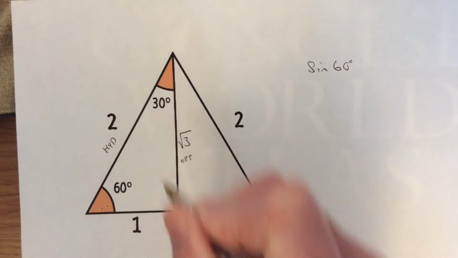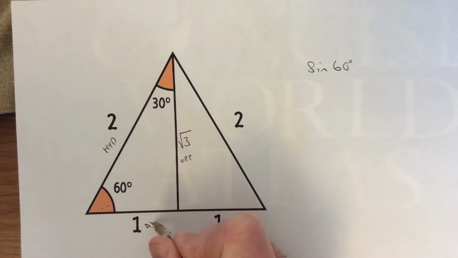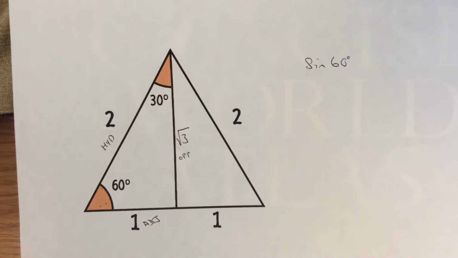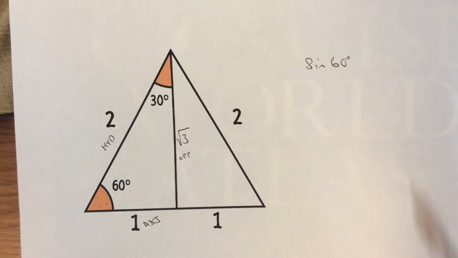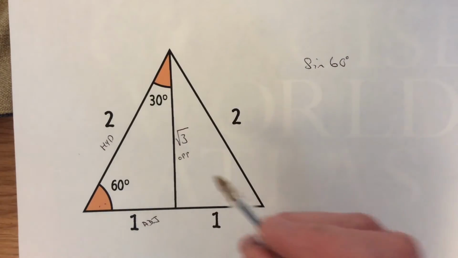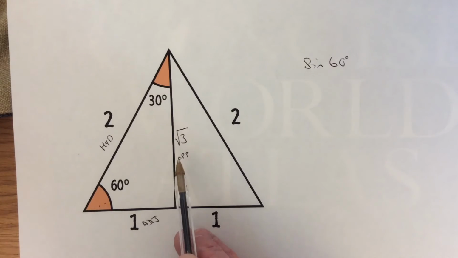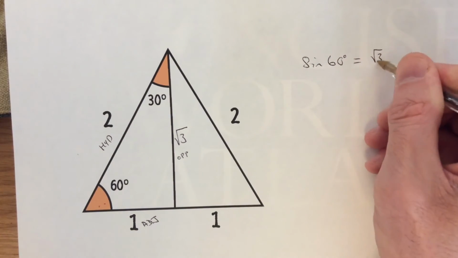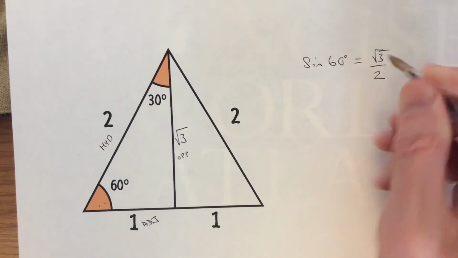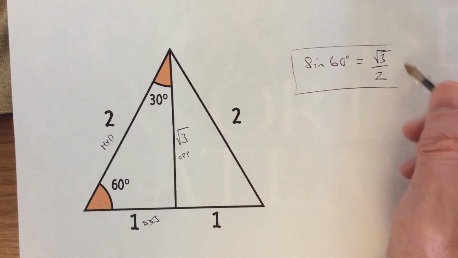That's your hypotenuse, and that's your adjacent. So what do we got? SOHCAHTOA, sine is opposite over hypotenuse, which is root 3 over 2. So sine 60 equals root 3 over 2.